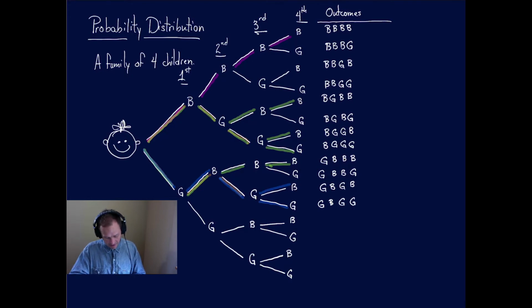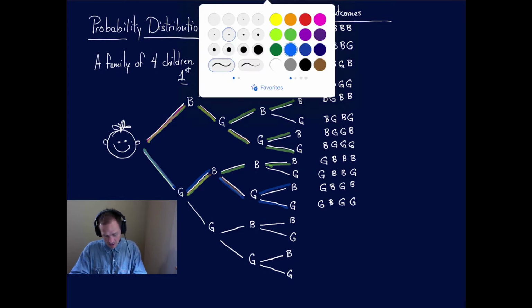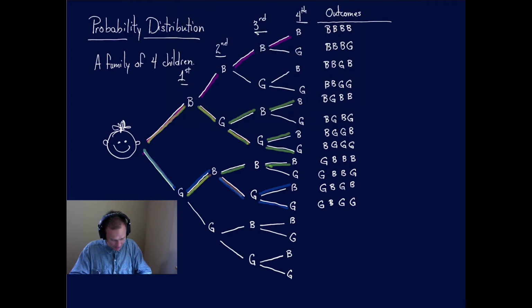And then our last set here, we're down to the last four. Let me just show you where we're at here. We're down on this last branch, so we're coming down to the first girl, down to another girl, and then we're going to be branching out here. We're going to branch out to the boy, and then to a boy, and then we're going to continue all the way down from there.